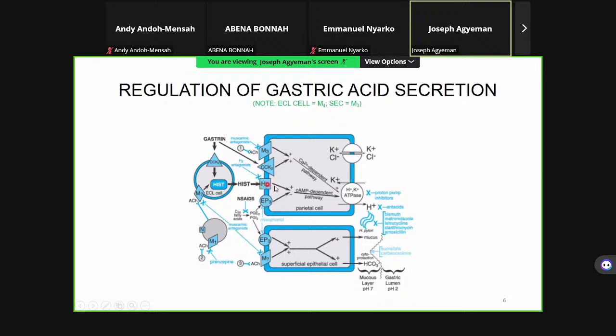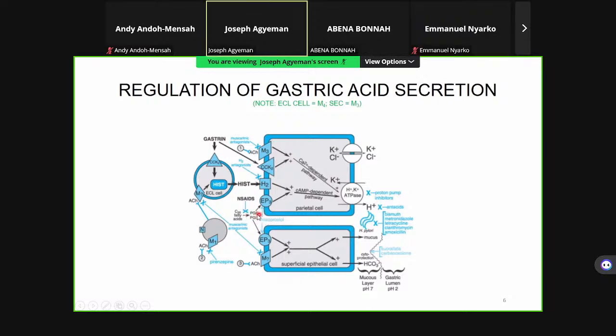Because when this pathway is allowed, you are going to release acid, peptic ulcer may occur. If you cancel it, then acid through this pathway is not going to be released. So prostaglandins are one of those protective factors that will help us a lot. So when you produce prostaglandins, you are minimizing acid secretion.